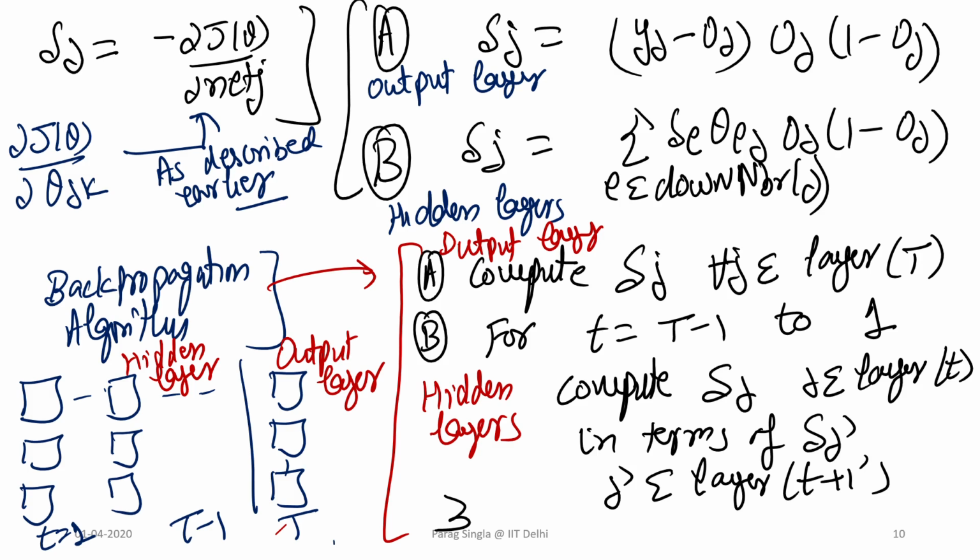As I said, there are more details in those architectures because they may not have fully connected layers, but they have a structure to these connections which will be described in the form of convolutions, or different kinds of structures such as RNNs, where the parameters might be tied across different layers, but that's a topic that we'll study maybe a couple of classes later.